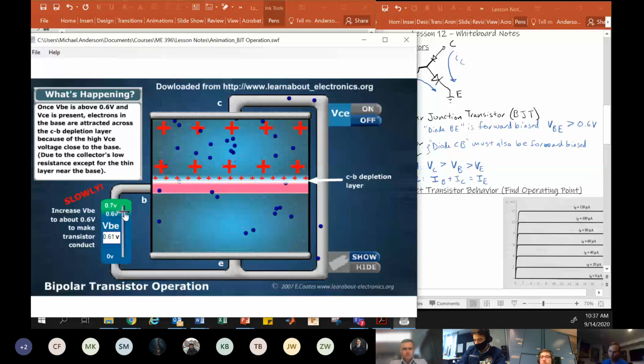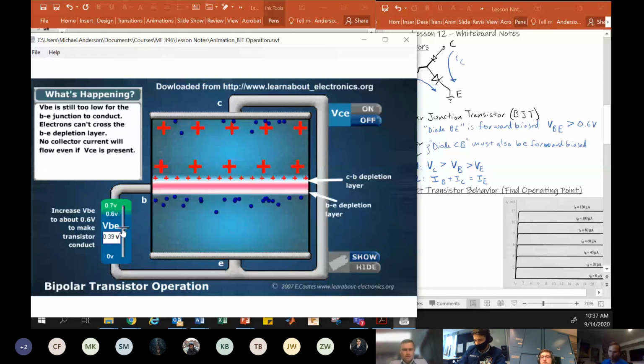Okay, so if I turn down this base current, this base voltage, no current can flow from the base to the emitter. So no current will flow from collector to emitter. Okay, it doesn't matter what the voltage is between the collector and the emitter. If I don't have the base voltage set right, nothing will happen. Okay, that's our control knob, is the base.